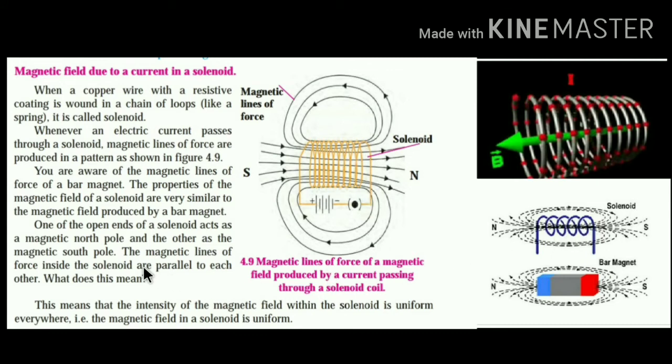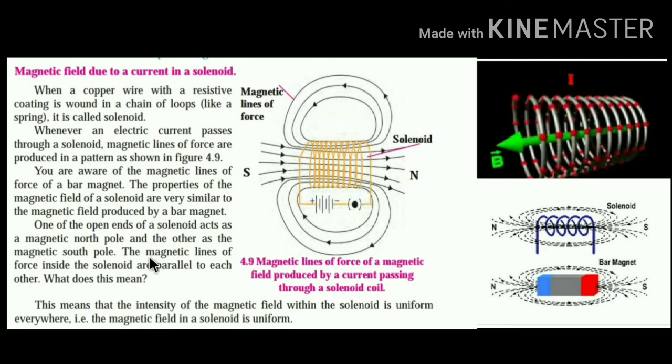So in this solenoid, the magnetic field is similar to the magnetic field produced by the bar magnet. One open end of the solenoid acts as the north pole and the other as the south pole. So this is a south pole and this is a north pole. These magnetic lines of force start from the north pole and end at the south pole.